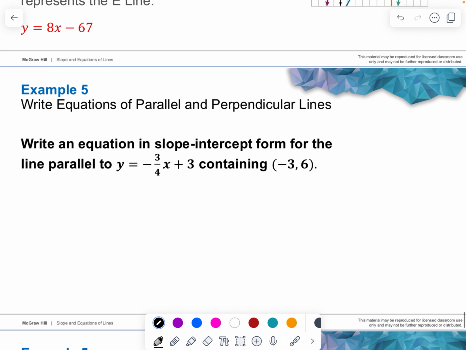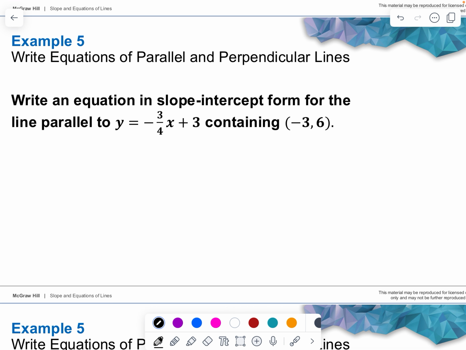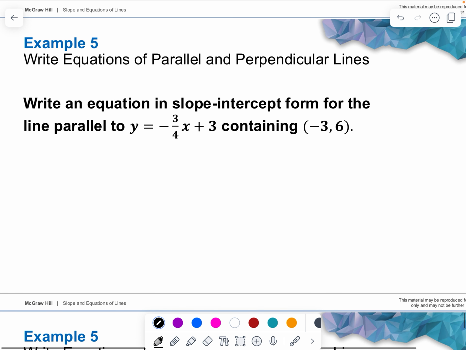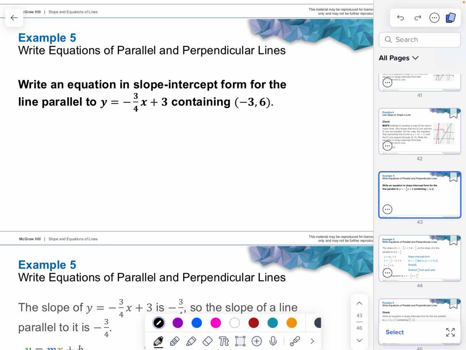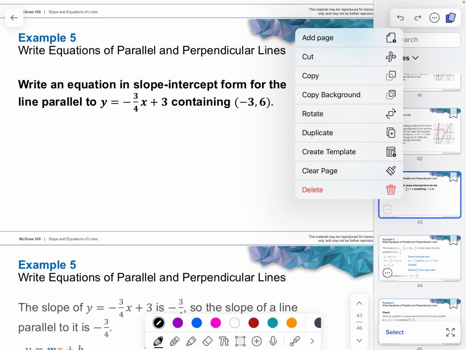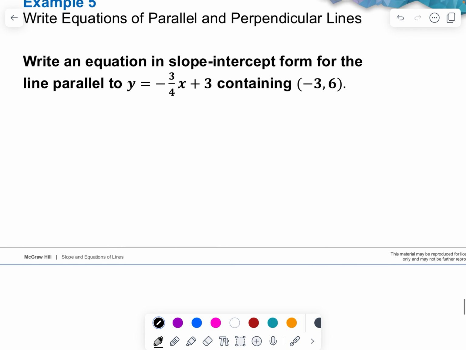All right. Last little bit. Write an equation in slope-intercept form for the line parallel to y equals negative 3/4 x plus 3 that contains (negative 3, 6). Okay. This is similar to that one that we just did. I'm going to add a little bit extra paper just in case I run out of space. There we go. Okay.